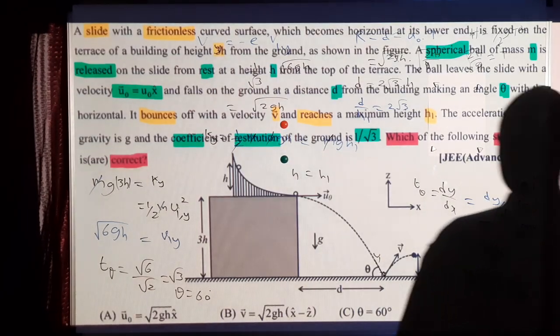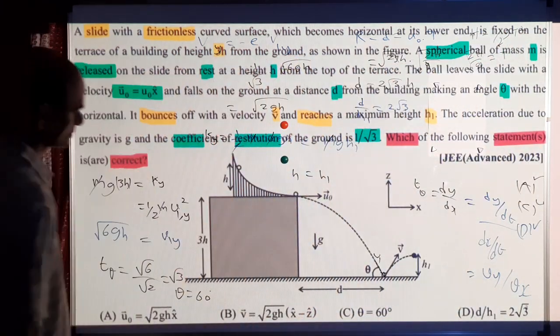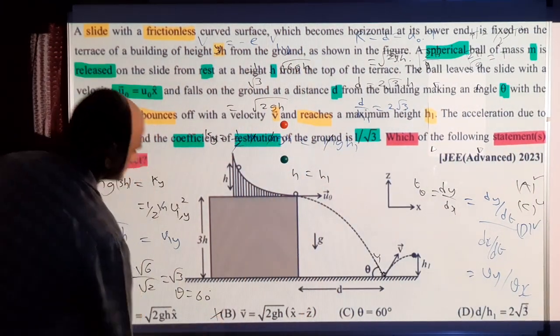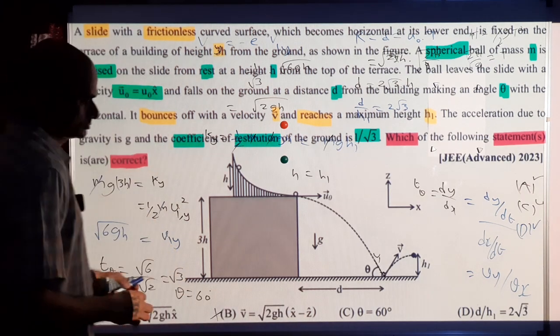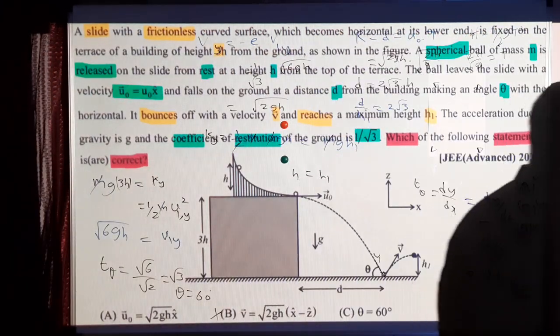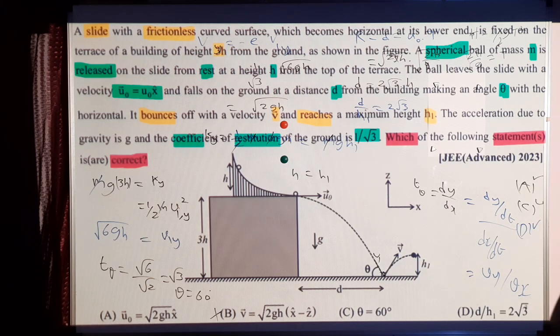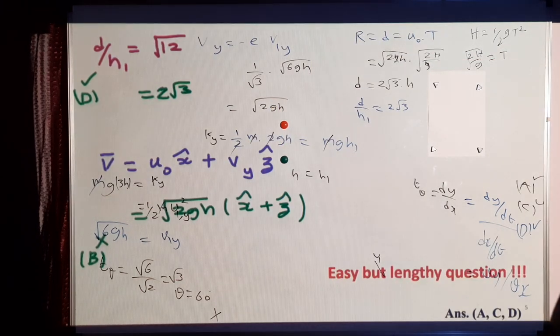So this one is actually with a positive sign. So option B is not correct. If this was plus, then it is correct. So the correct options are A, C and D. That is the correct answer.